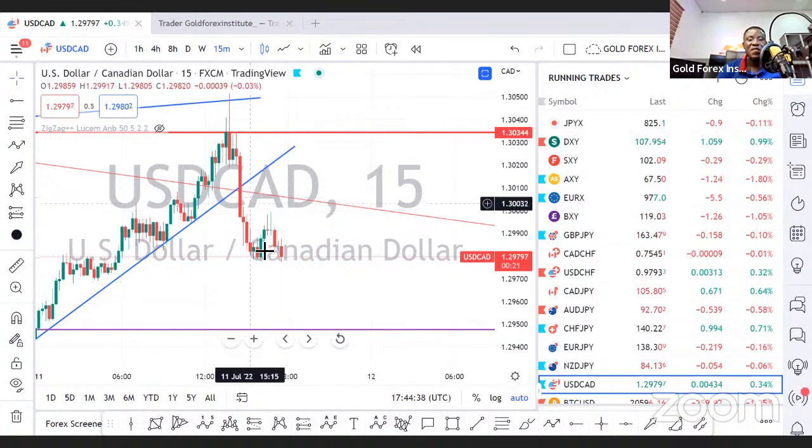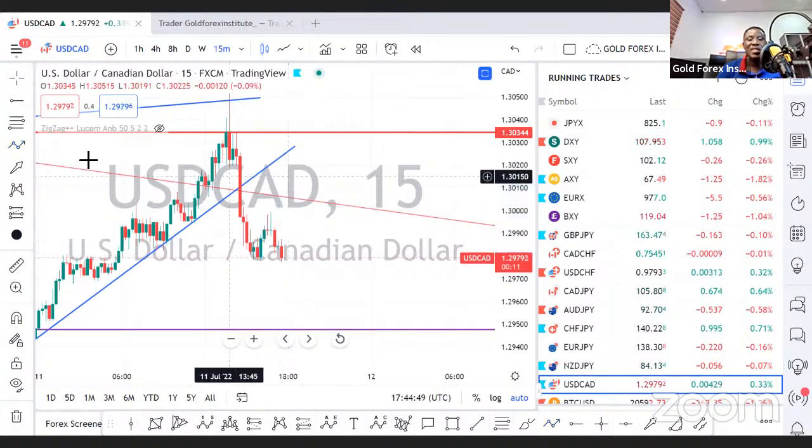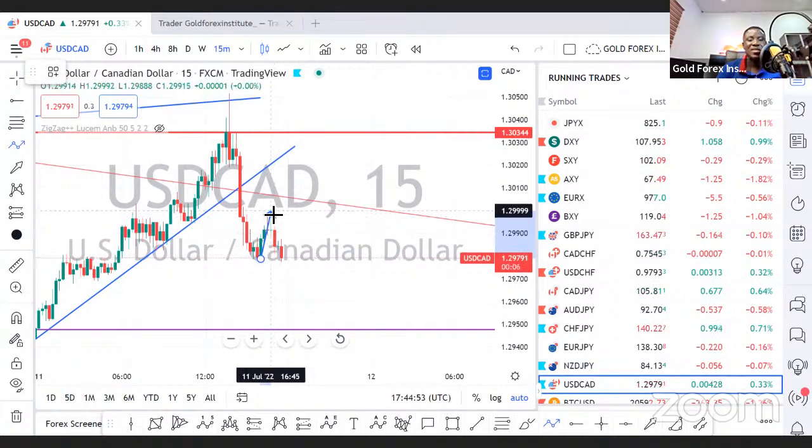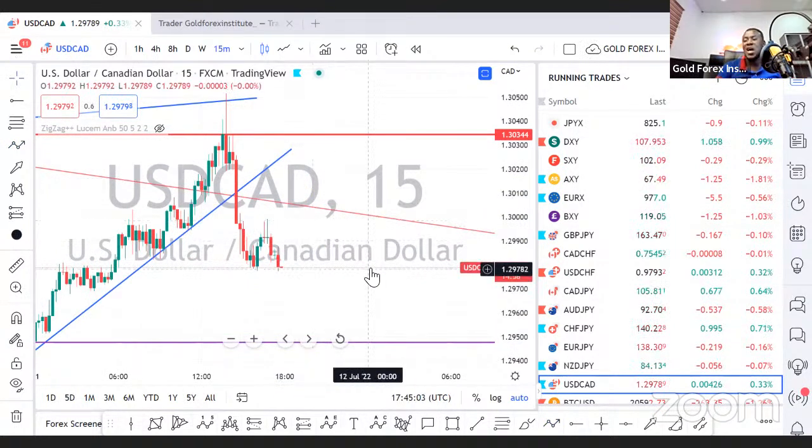If it formed something like this, then it would be a zigzag. But if it comes straight, it will either come here or form an expanded flat correction, then it drops. So definitely I'll wait for a pullback.